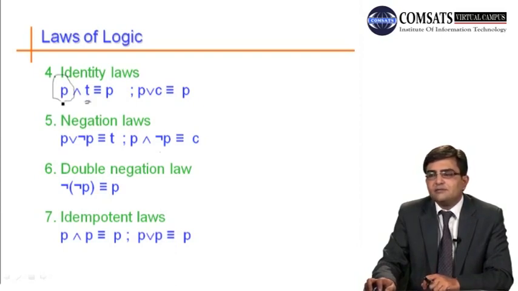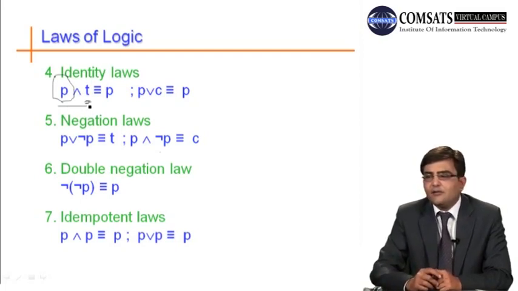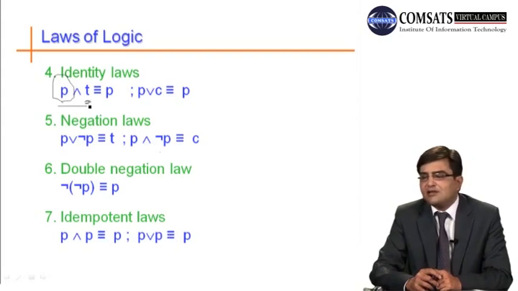If P is false, and the tautology is always true, then this conjunction is false. So this compound proposition gives us the same truth values as P. Therefore, P and T, where T is a tautology, is logically equivalent to P.